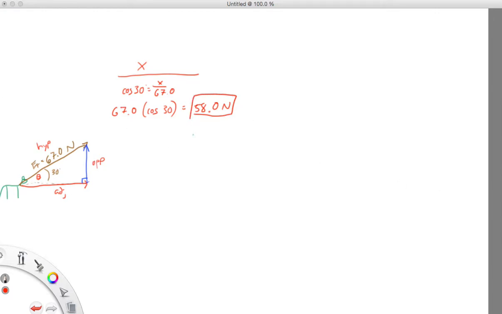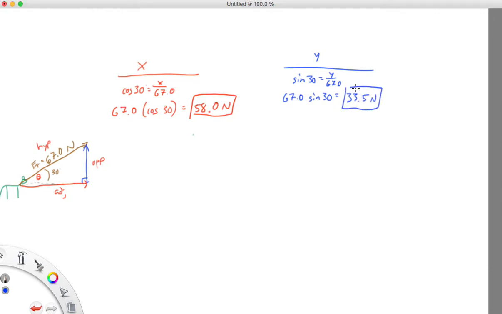Now let's do blue for the Y component. And you can probably guess what I'm going to do here. The sine of 30 degrees is Y over the 67.0 newtons. So multiply both sides by 67.0, and you get 67.0 times sine of 30, which gives you your y, 33.5 newtons.